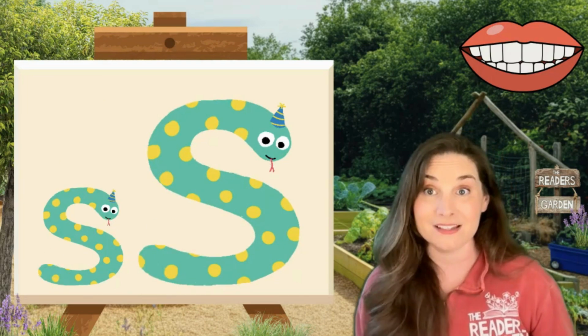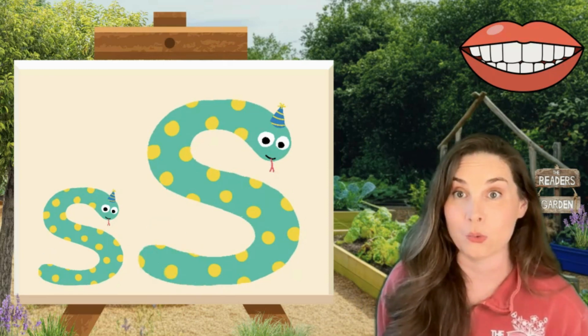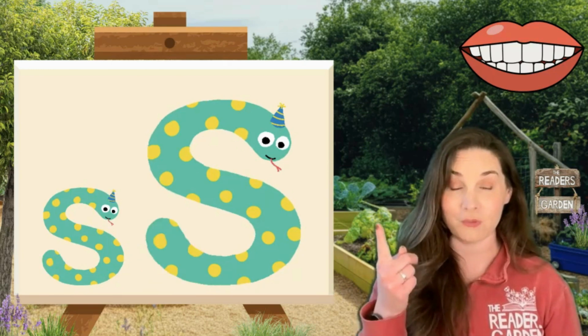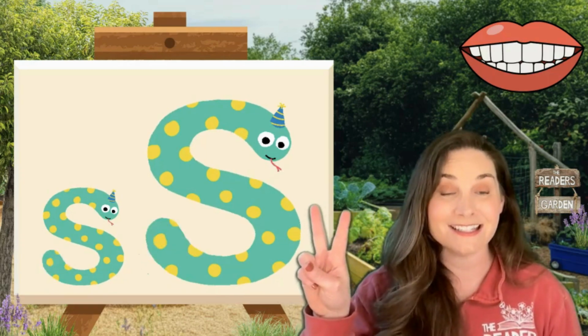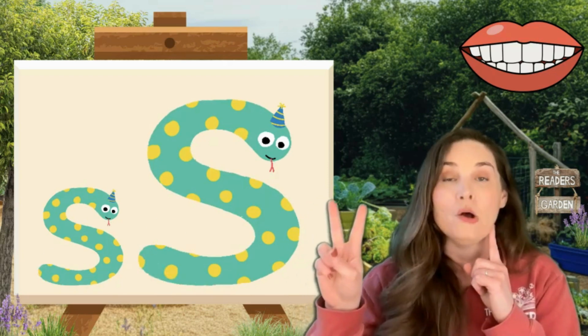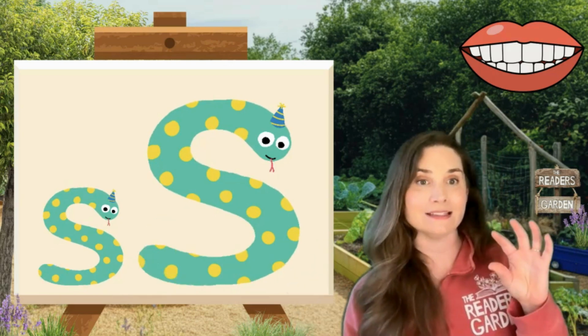So S makes the sound S when it follows unvoiced sounds in a word. So for example, we have a snake here and we have another snake. So we have two snakes. Snakes. Do you hear the S at the end of snakes? Well, if we take the word snake, what's the ending sound in snake?